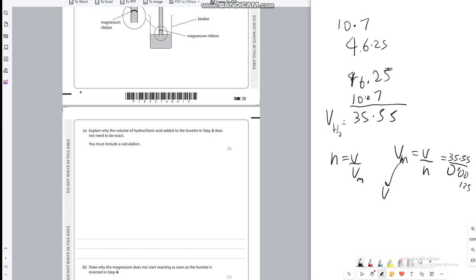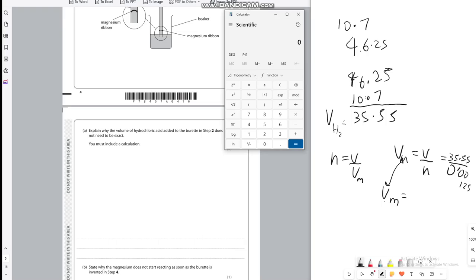So the molar volume will be 35.55 divided by that answer. So we get 35.55 divided by 0.00125, which is 28,440. 28,440 cm³.